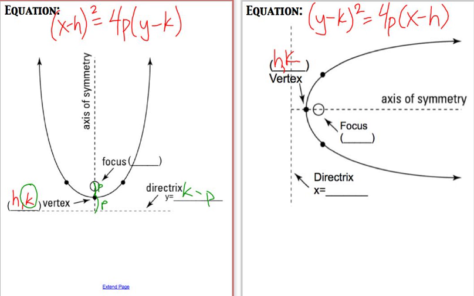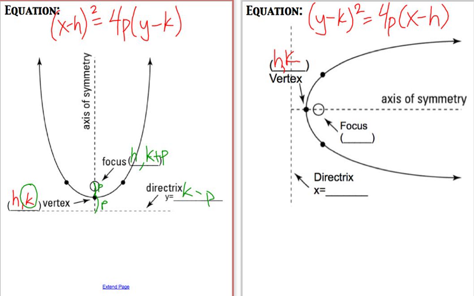That will work even when p is negative. It's going to be just minus a negative number, and it'll still show you the directrix. The focus, since it's also in line, it's still going to be at h, but then it'll be k plus p for the y value. So that's how we're going to get our focus and directrix for a normal upward-facing parabola that is actually a function. So all that should kind of fit with what we've done in the past.